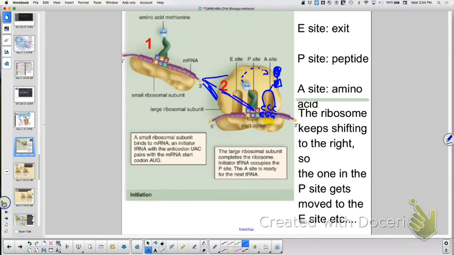The ribosome is going to shift so that this guy is not in the A site, he's now in the P site, and a new guy will land in the A site on the ribosome. So it just keeps going along.